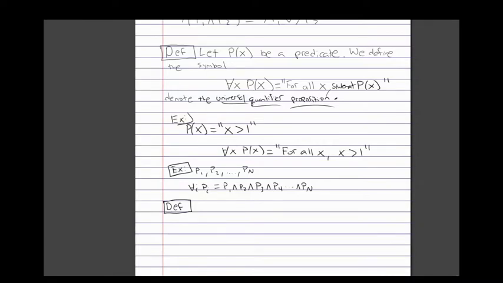But if we continue down the notes, we get to our next definition, which is almost as important as the universal quantifier, and this is what's called the existential quantifier.